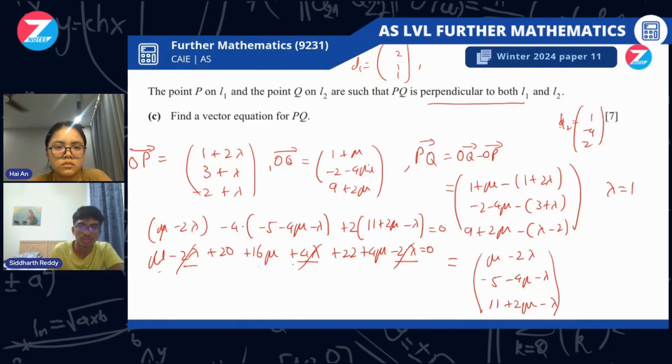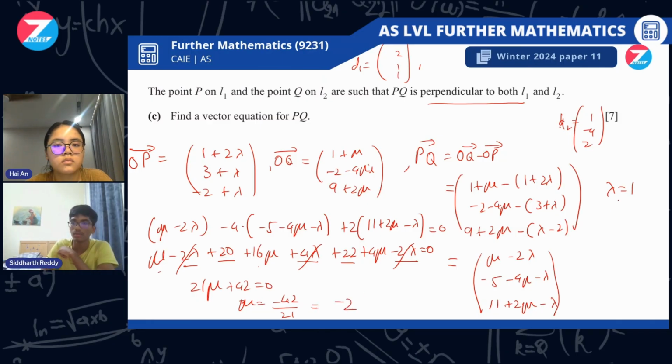Mu plus 16 mu plus 4 mu is 21 mu, plus 20 plus 22 is 42. So mu is equal to minus 42 by 21, which is minus 2.